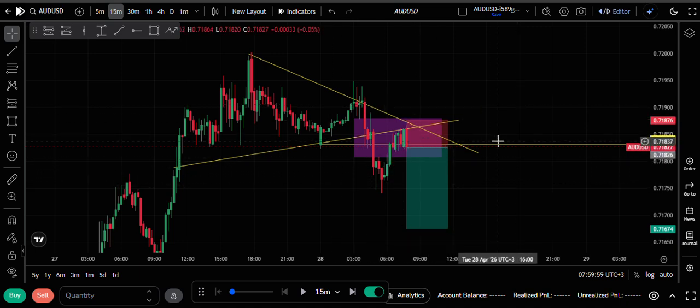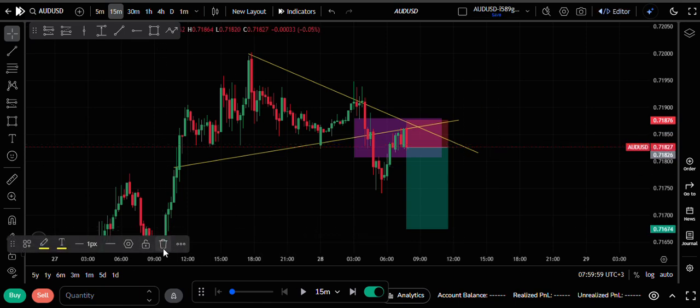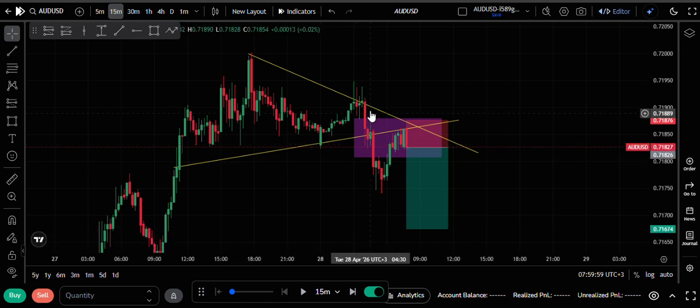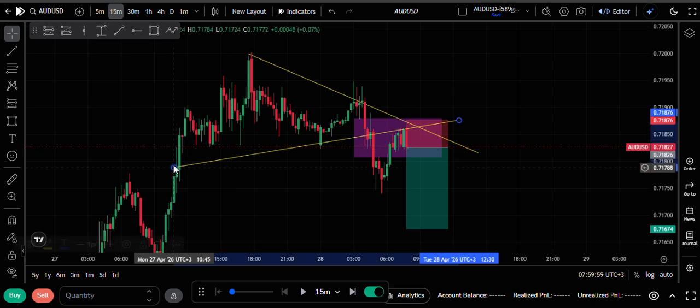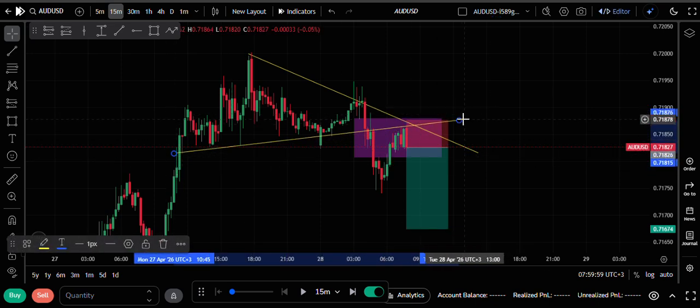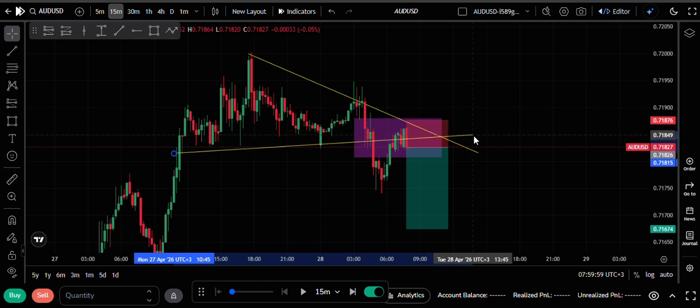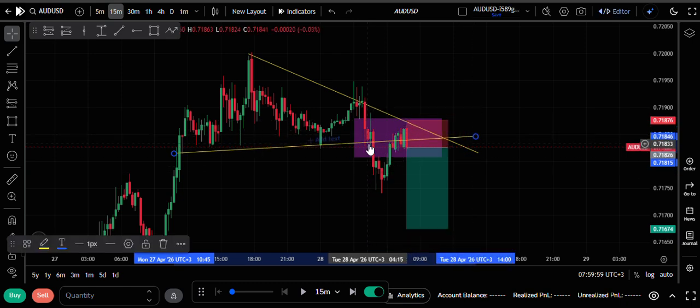So let's remove this one for the break. It had just done a breakout. Let me just be precise. No hurry. It had just done a breakout from this symmetrical reversal triangle, and now it was coming back to retest, retesting this breakout and retesting the fair value gap.